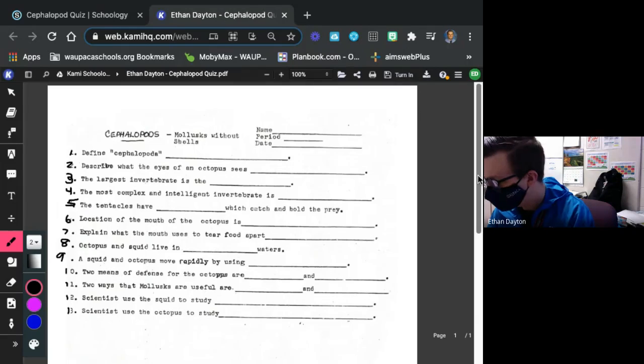Number 5, the tentacles have blank, which catch and hold prey. Or the octopus arms, as we talked about.